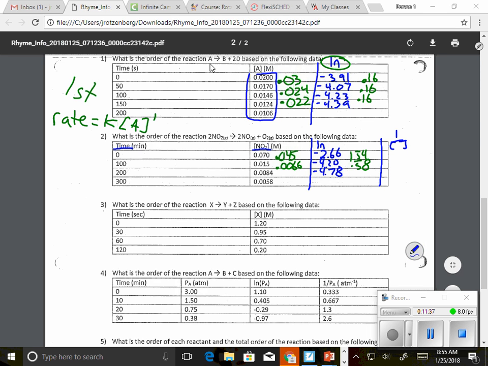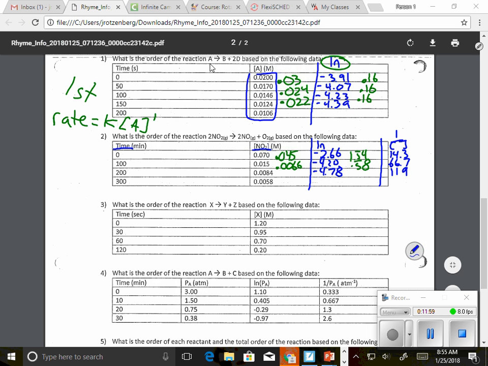The other option is we could check to see what is 1 over the concentration. So 1 over 0.07 gets me 14.3. 1 over 0.015 gets me 66.7. 1 over 0.0084 gives me 119.